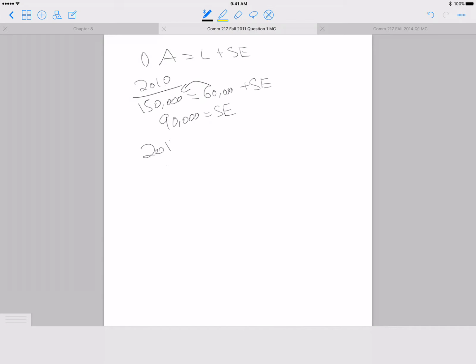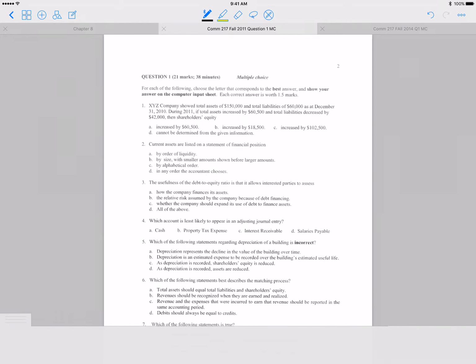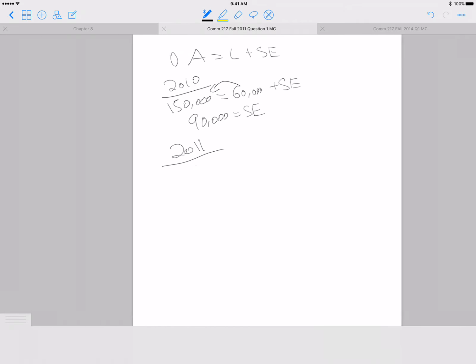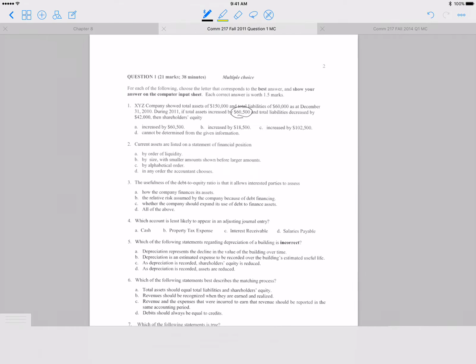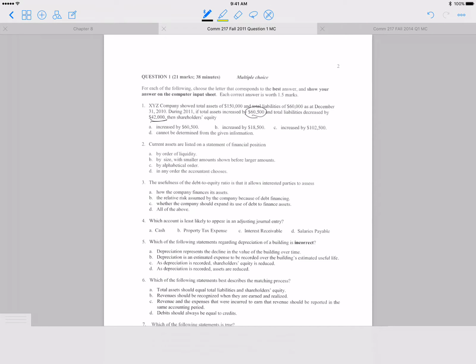But in 2011, they said that assets increased by $60,500. So now the assets is $210,500, and then they said the liabilities decreased by $42,000.